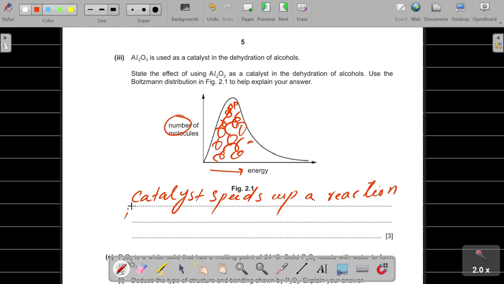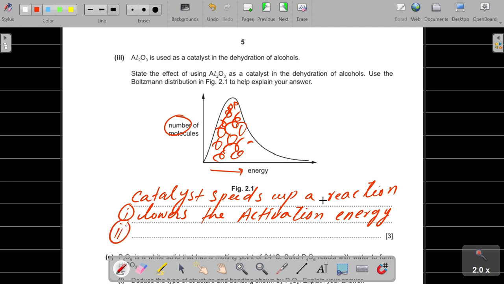Point number one, a catalyst lowers the activation energy. Number two, it changes the path of the reaction.